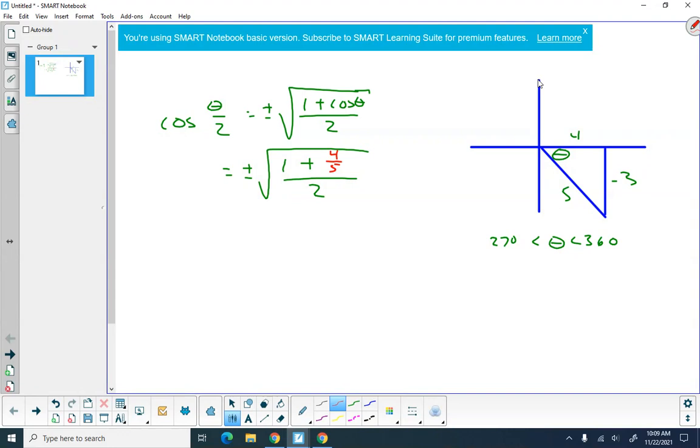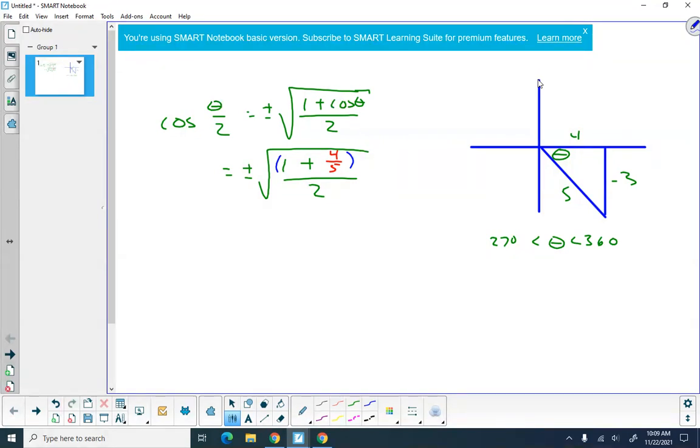Now, once again, it's entirely up to you. If you want to quantify and clickety-clack it through your calculator, quantity 1 plus 4/5 and quantity divided by 2, hit your math button, hit enter. You'll come back down to a simplified fraction.